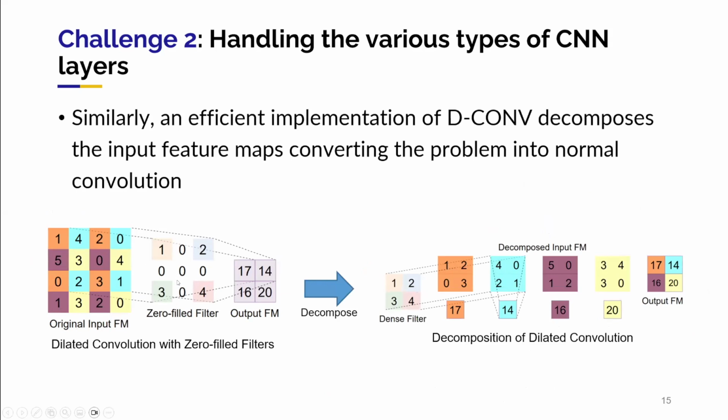In the same approach, when the filter is in the first position, we use these 4 pixels. In the second location, we will need these 4 pixels, and so on. And the ideal speedup for dilated convolution is given by this formula, where D is the dilation factor, which is also the number of zeros we put in the kernels.